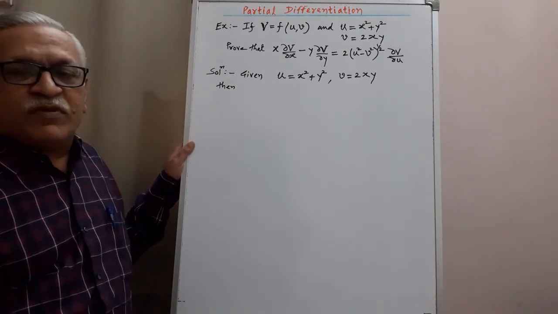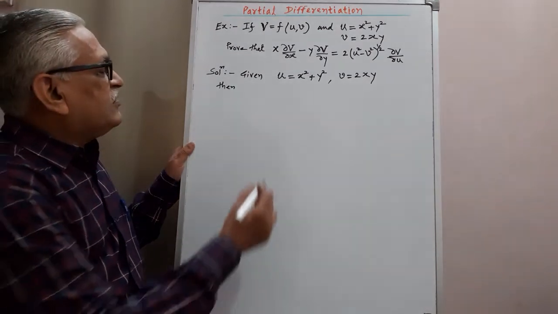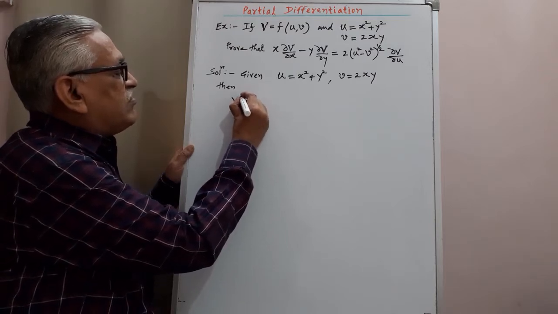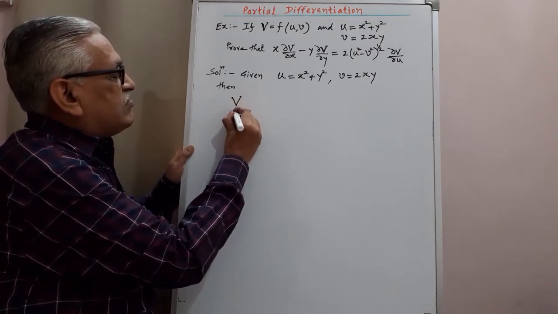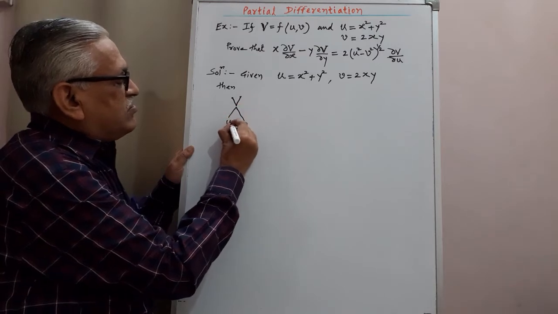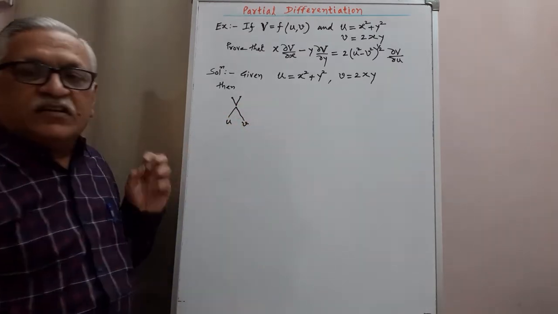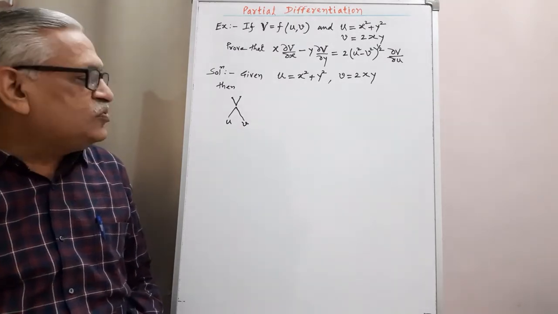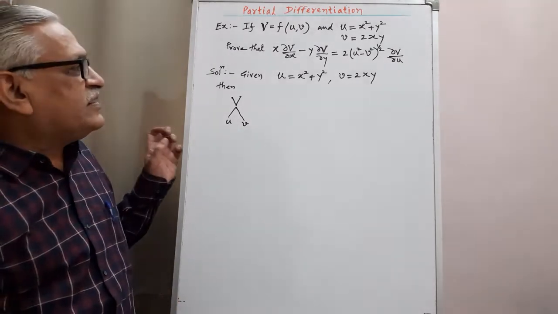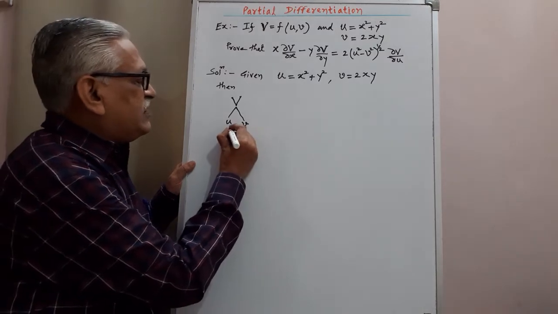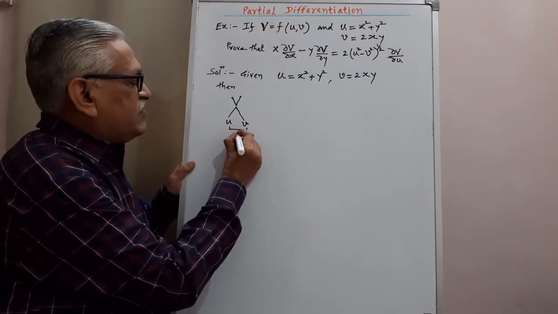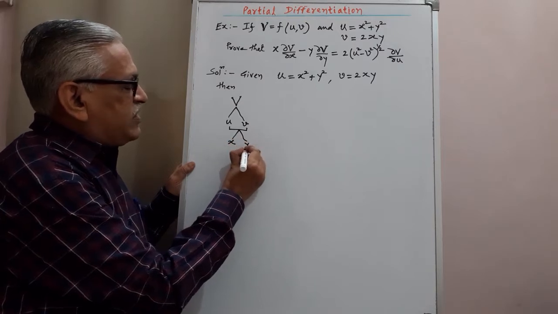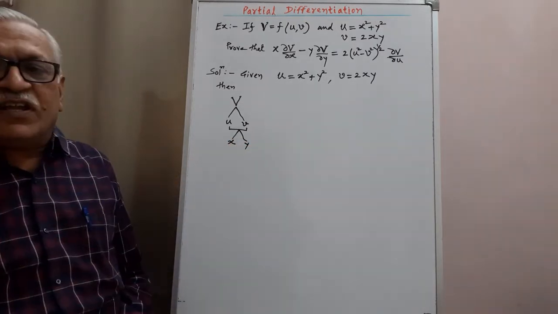check the given problem. Here capital V is a function of two independent variables u and small v, and that u and v are again functions of another two independent variables, small x and y.